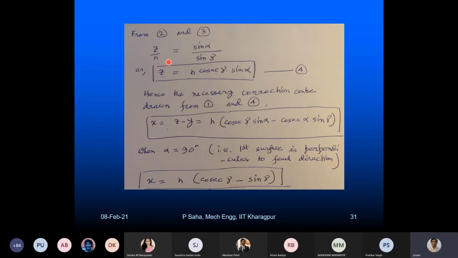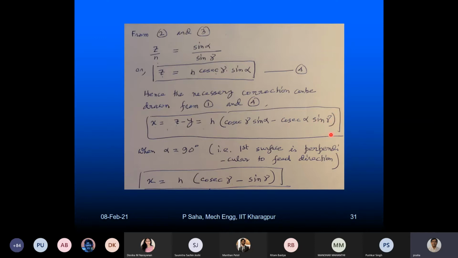Hence the necessary correction, x, can be written: x equals z minus y, which we will eventually be able to put as h into cosec gamma into sine alpha minus cosec alpha into sine gamma.